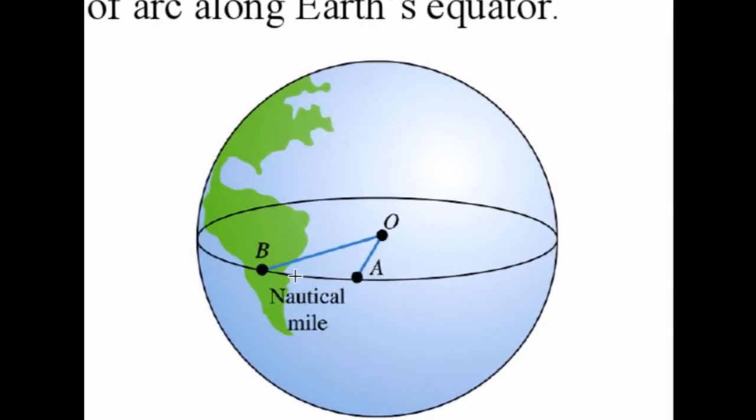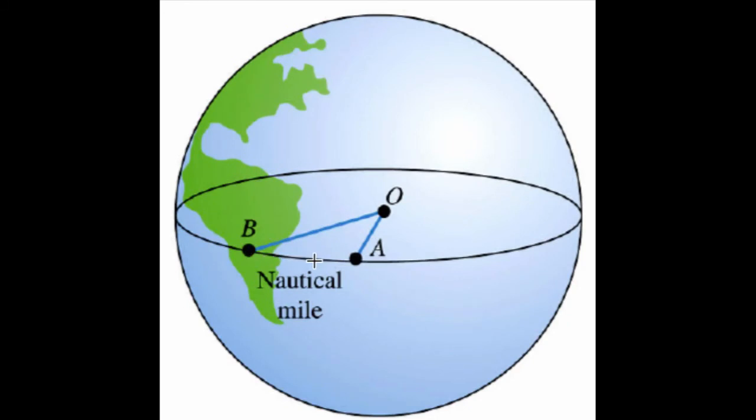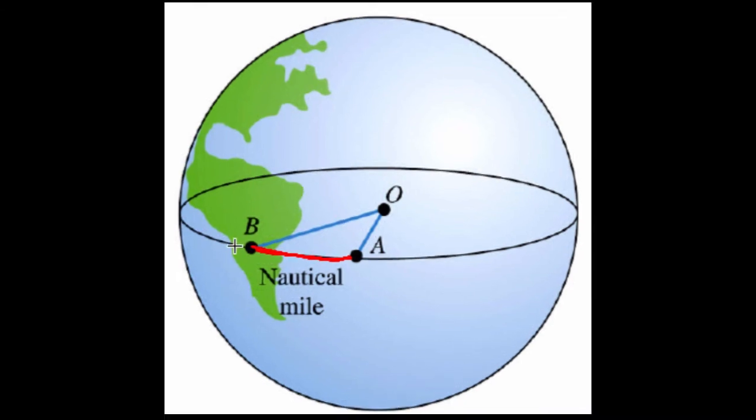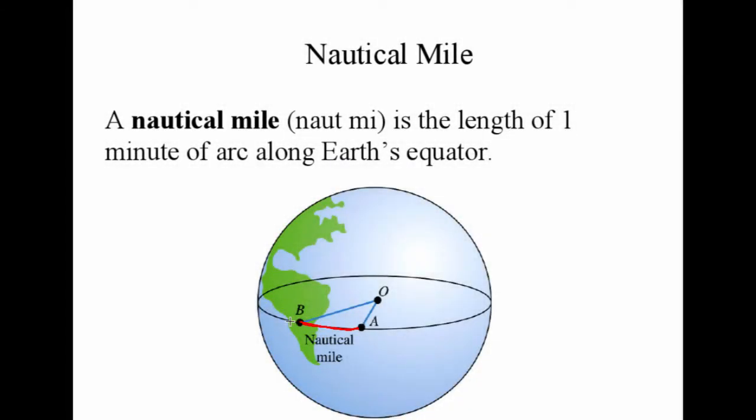Basically, a nautical mile isn't the straight distance from point A to point B on the Earth's surface. It's actually the length of an arc, because the Earth we know to be round. So the distance from point A to point B on the Earth is actually a curve, the length of a curve. Which is actually pretty interesting if you think about it.